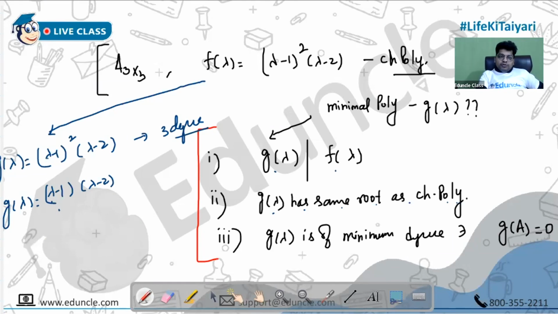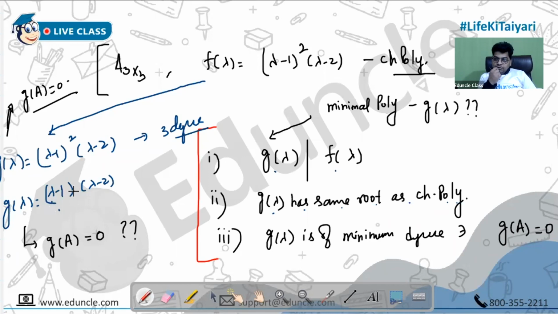In the first possibility, g of A is 0, because in the first case this is the characteristic polynomial, which always annihilates the matrix. Annihilating means that if you put A in place of lambda in g lambda, that will be 0. So is this also 0? Is g of A zero here?